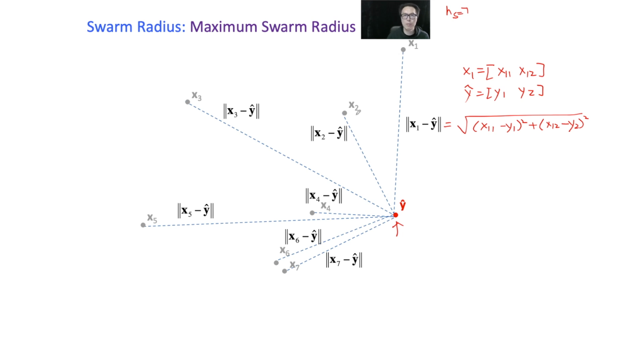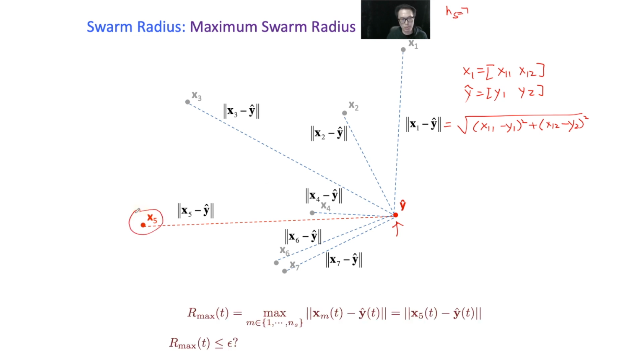So we compute the distance between x2 and y hat, and then continue for the rest of the particles. Now we are going to find the one which gives you the maximum distance. For example, this is x5.